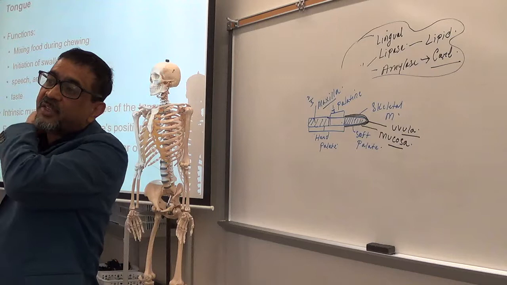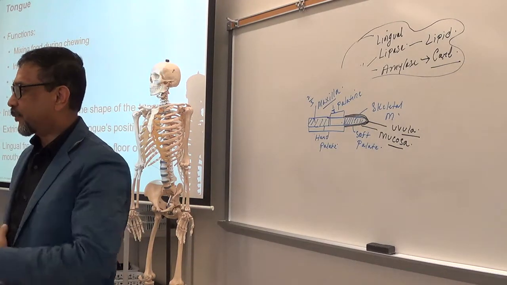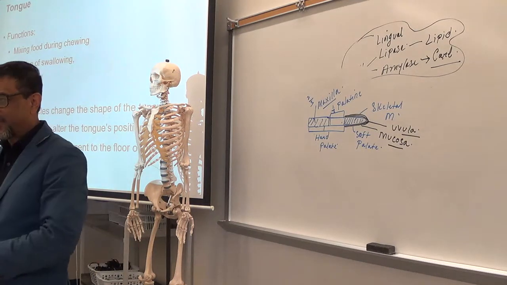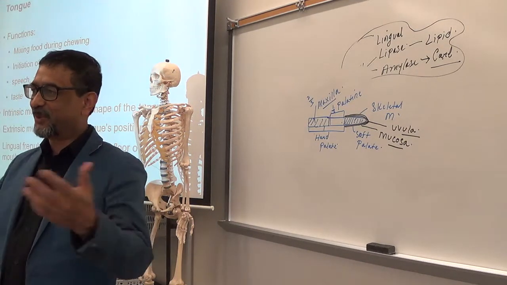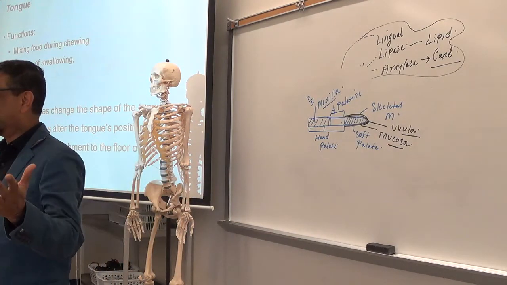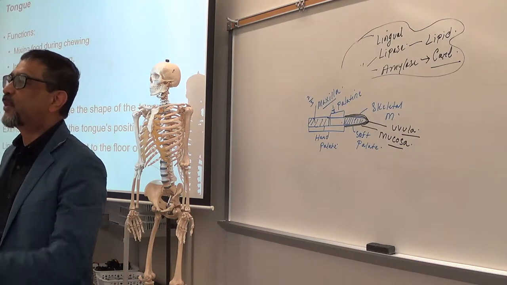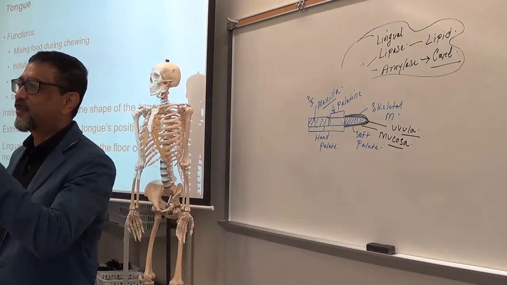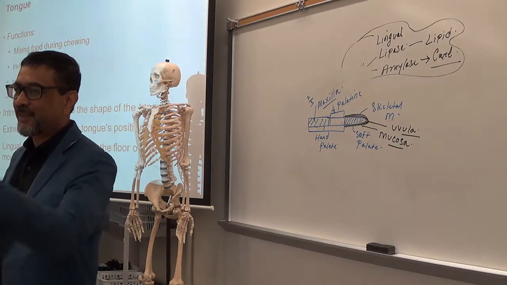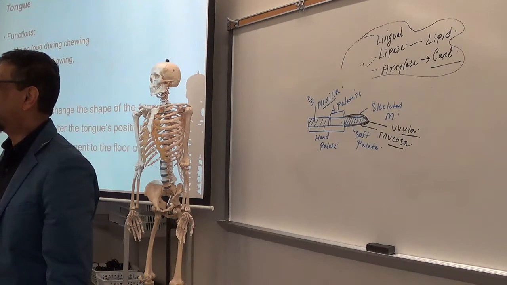Tongue has taste buds. You know that, right? Taste buds help to taste the food. So that is another very important function, right? Without tasting the food, life is boring, right? You want to enjoy life. So, tasting of the food. Tongue helps to produce what? Speech, right? So you see, there are different types of functions helped by the tongue.